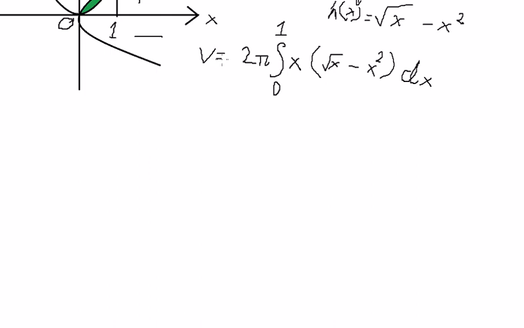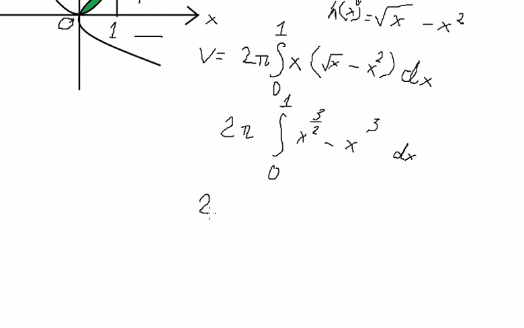So we have 2π, x multiplied with this one, you get x to the power of 3 over 2. This one you get x to the power of 3, from 0 to 1, dx.